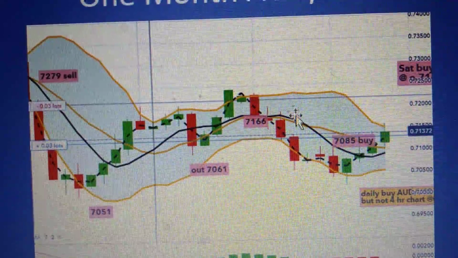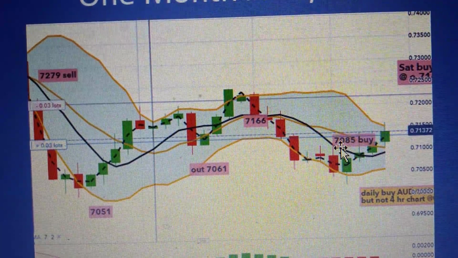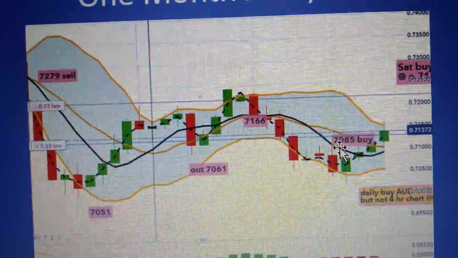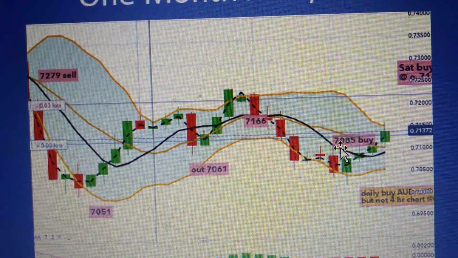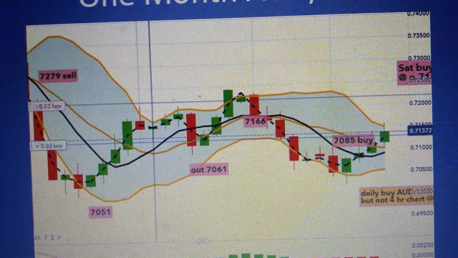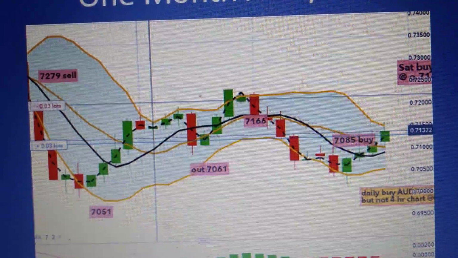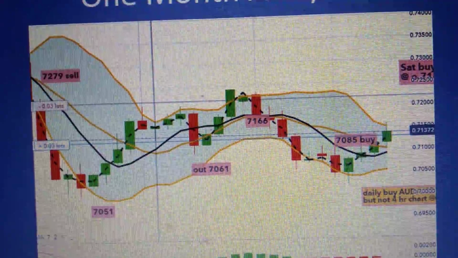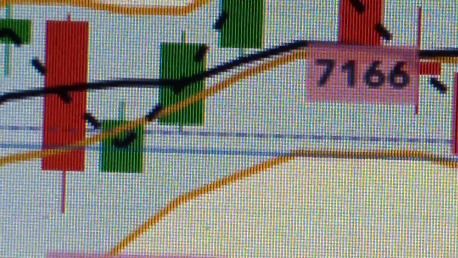I think that's, I can't see it well from my point, but I think it's 70.55. One moment, I can blow it up. Okay, our original sell was, I don't have the number.